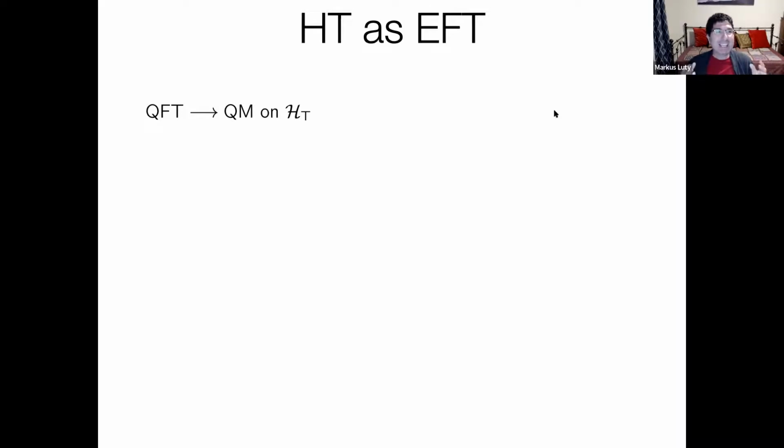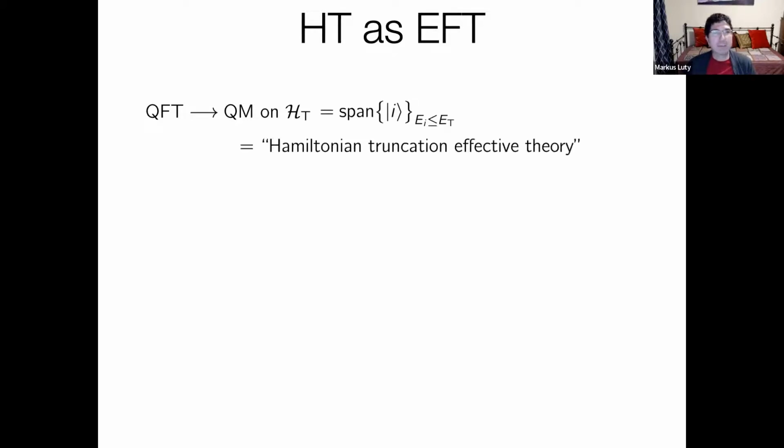It actually has a finite number of states. So it's not only quantum mechanics, but it's quantum mechanics with a finite dimensional Hilbert space. That's something to keep in mind, on this truncated Hilbert space that I've been defining. And I'm going to call this Hamiltonian truncation effective field theory.